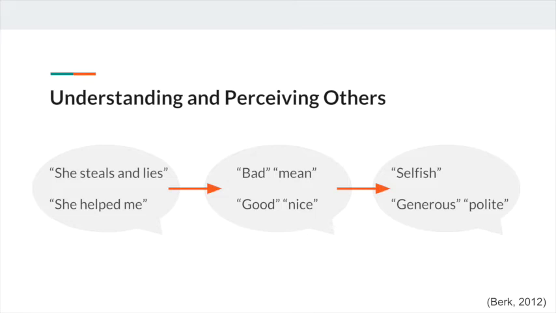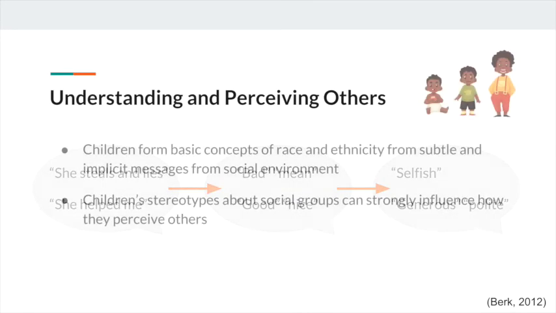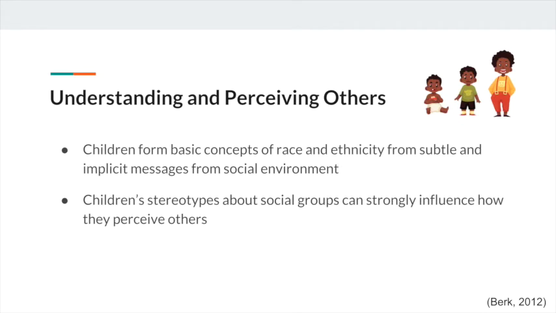Children's stereotypes about social groups can strongly influence how they perceive others. As mentioned earlier, ethnic preference studies found that 3 and 4-year-olds form basic concepts of race and ethnicity. Young children seem to grasp the prevailing societal attitudes on different races from implicit messages in the environment. So who do we blame?